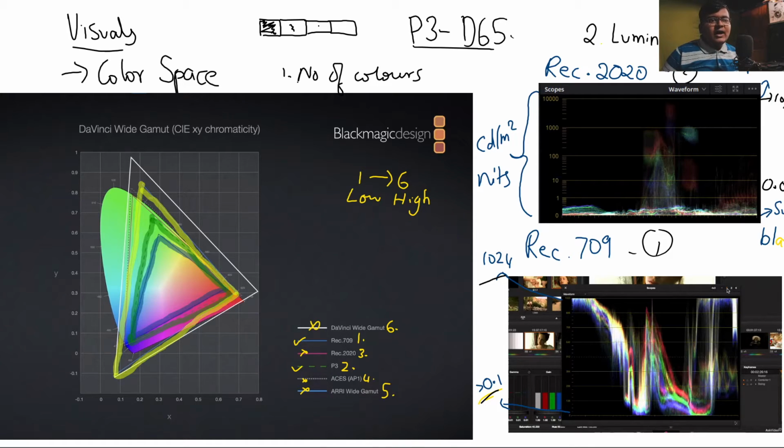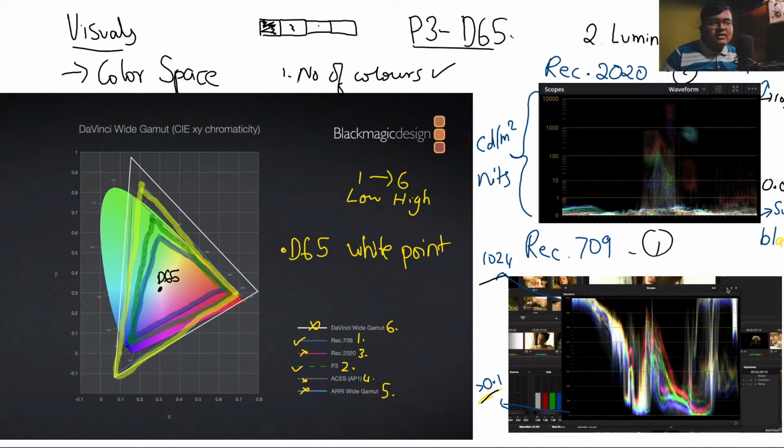The main difference between all these color spaces is the number of colors and luminance. Number of colors means in this particular triangle how many colors are being generated. If you can see, this is the spot where D65 is. That's called the white spot.